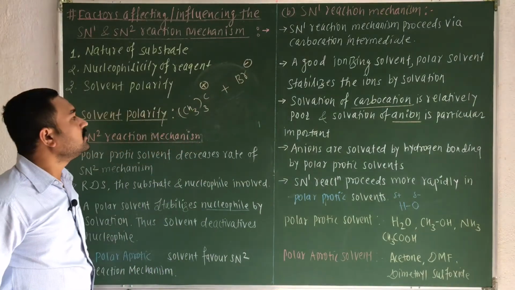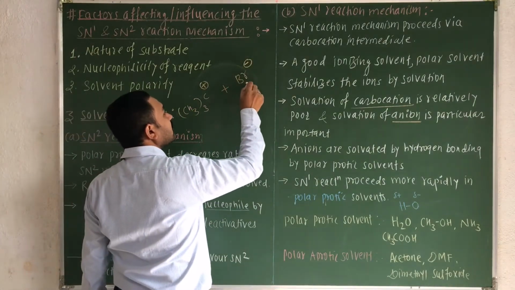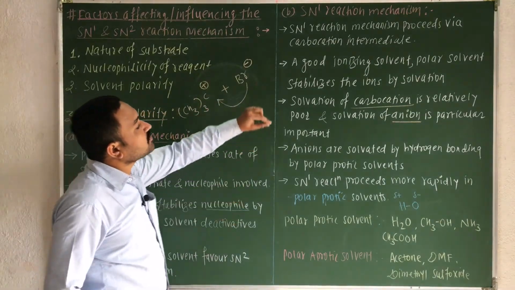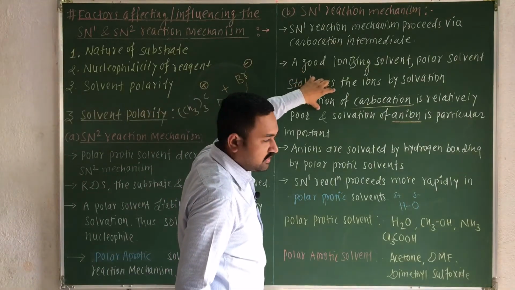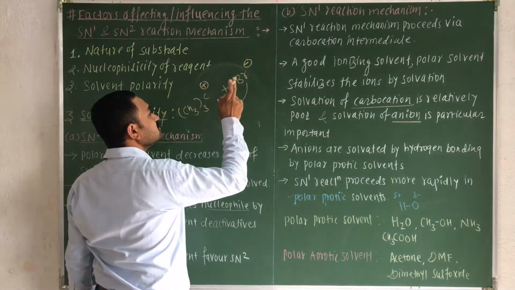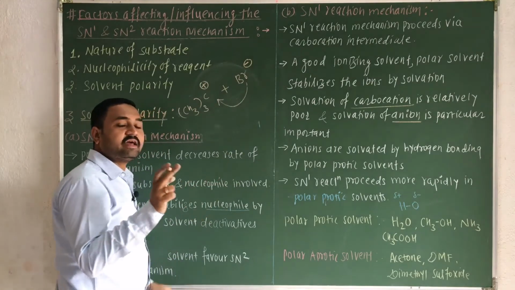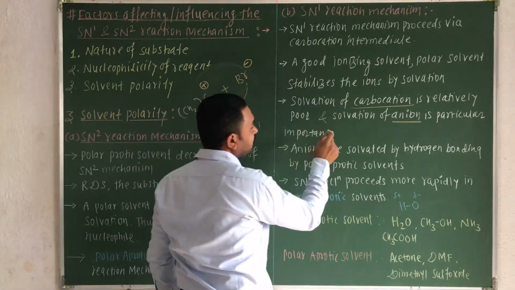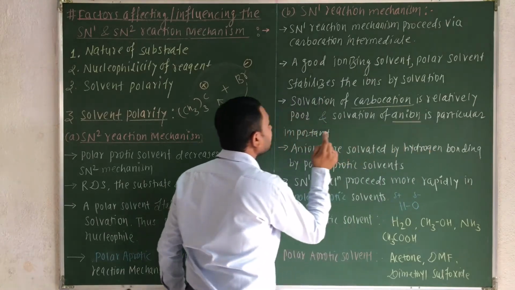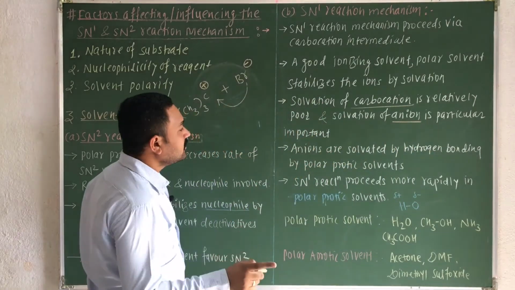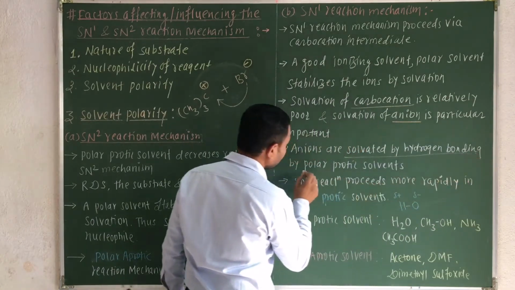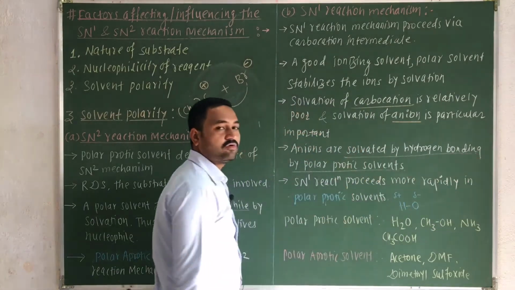This Br minus ion cannot further react with the carbocation because of the solvation effect. That anion undergoes the solvation effect, so solvation of the anion is particularly important here. These anions are solvated by hydrogen bonding with your polar protic solvent.